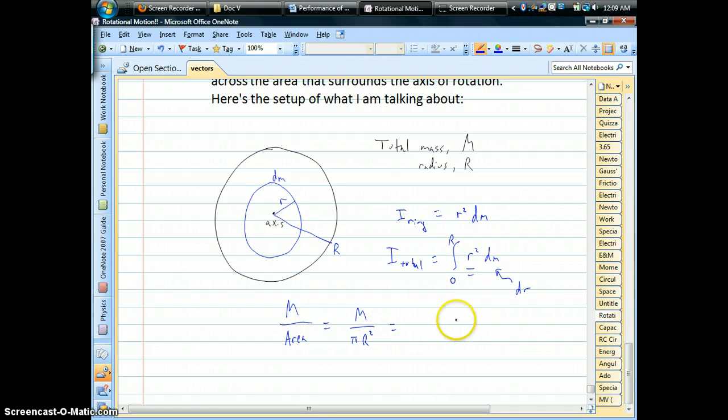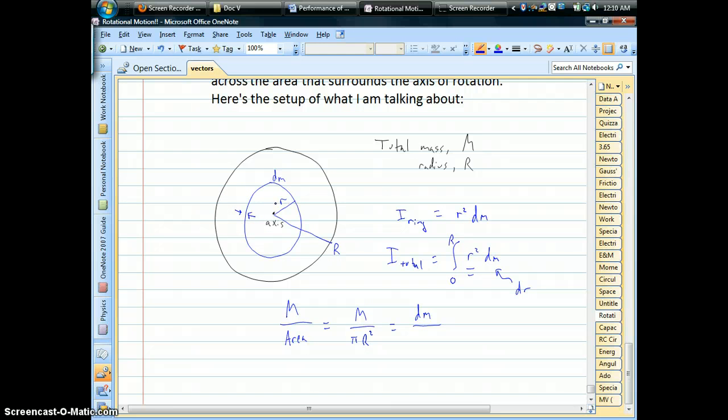Now, we can make the claim that the ratio for one of these rings, one of the pieces, should be the same. So if we have a tiny little bit of mass, dm, distributed over the area of this ring, then we're in business. But how do you find the area of the ring? Well, let's see.